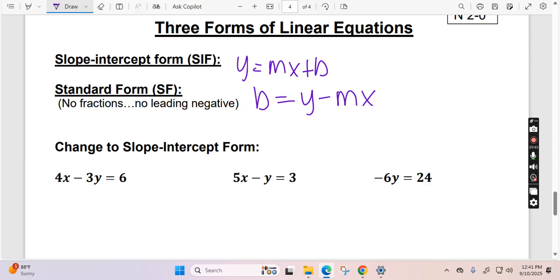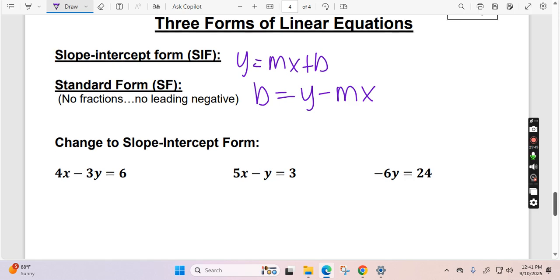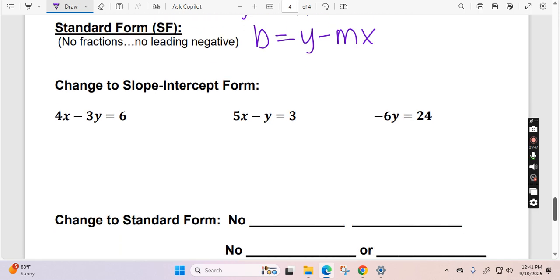If I want to change these to slope-intercept form, what do I need to do? I need to get it looking like y equals mx plus b. We can subtract 4x, or add 3y.